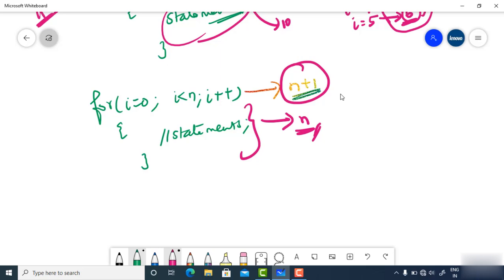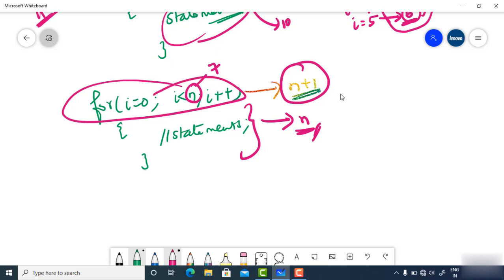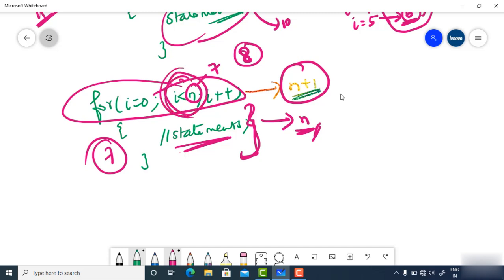If I have n to be 7, then this statement alone will be executed 8 times, and all the statements inside the for loop will be executed only 7 times. You know why? Because the extra execution here is the comparison, the last comparison where the condition goes false. And that's how it works.